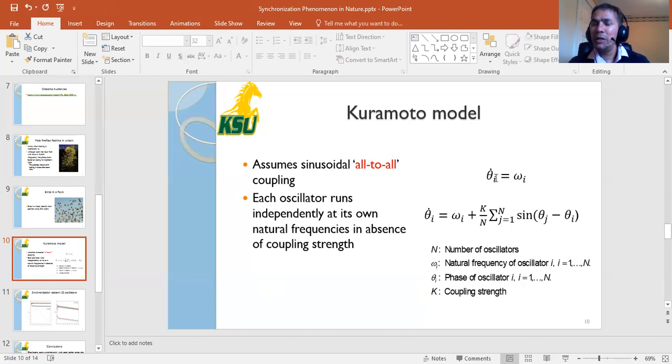So let me just use the words periodic event for theta, and omega, or you can also call it W, is just the frequency.